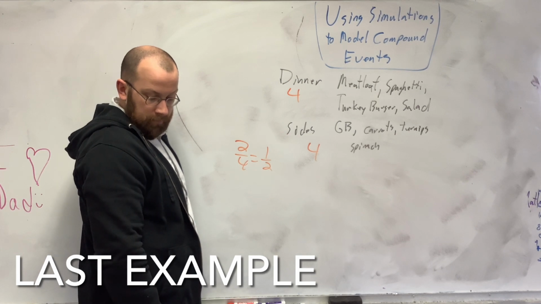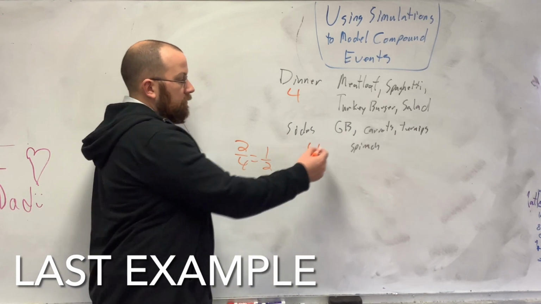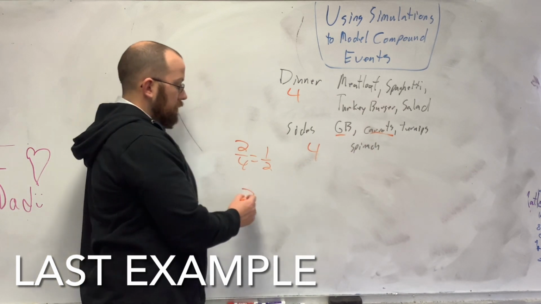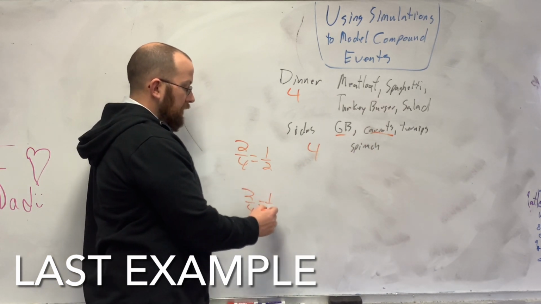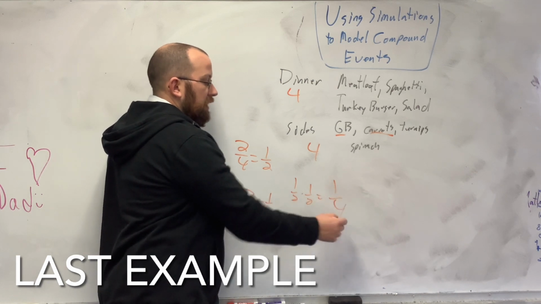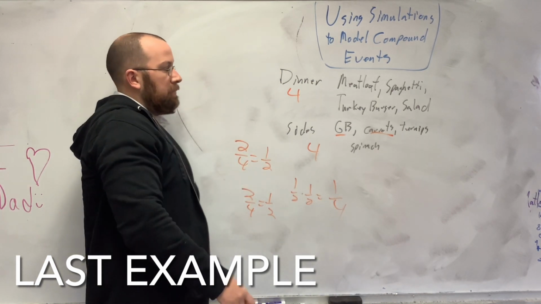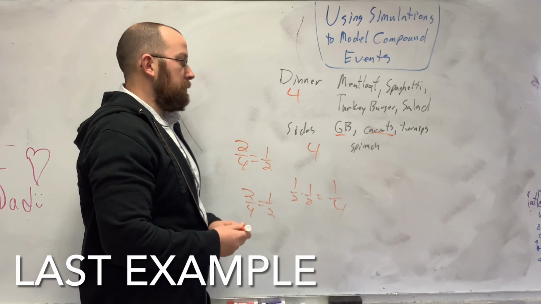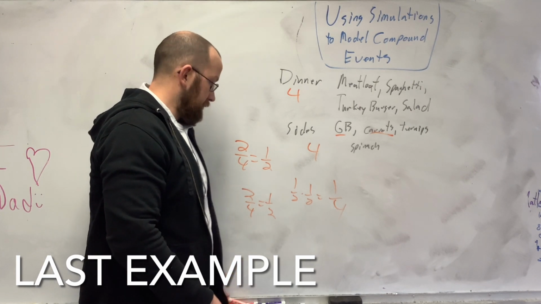And green beans or carrots, 2 out of 4. So 1/2 times 1/2 is 1/4. I have a 1/4 chance of me getting meatloaf or spaghetti and green beans or carrots.